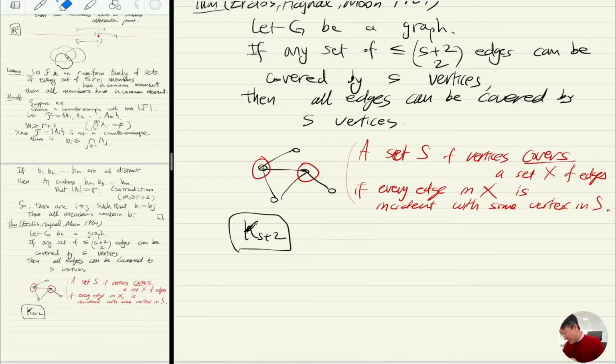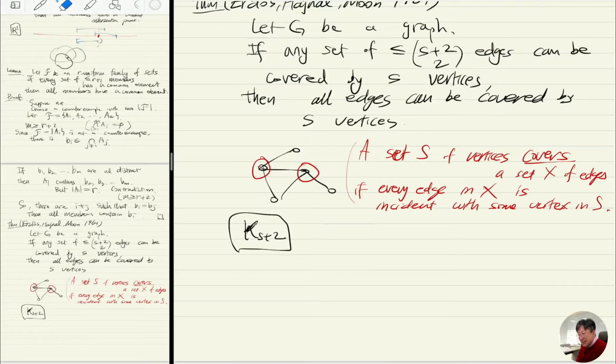that means the set of all edges, and you cannot cover them by S vertices, because if you take S vertices, there's one edge remaining. In what sense is this best possible?